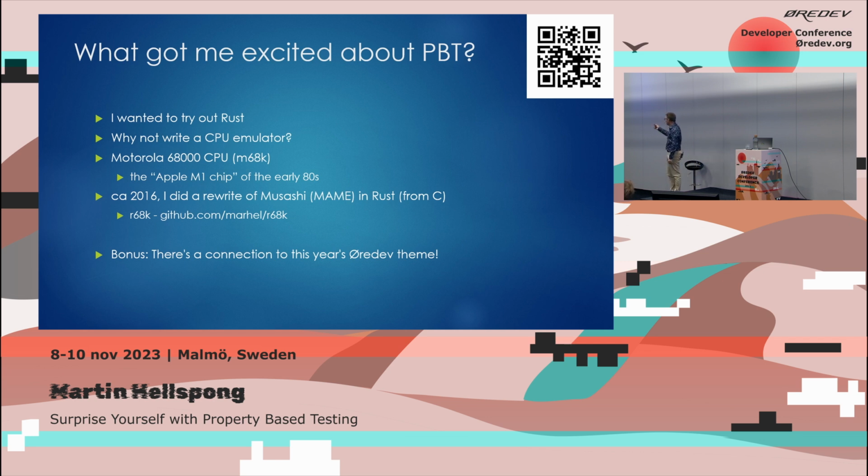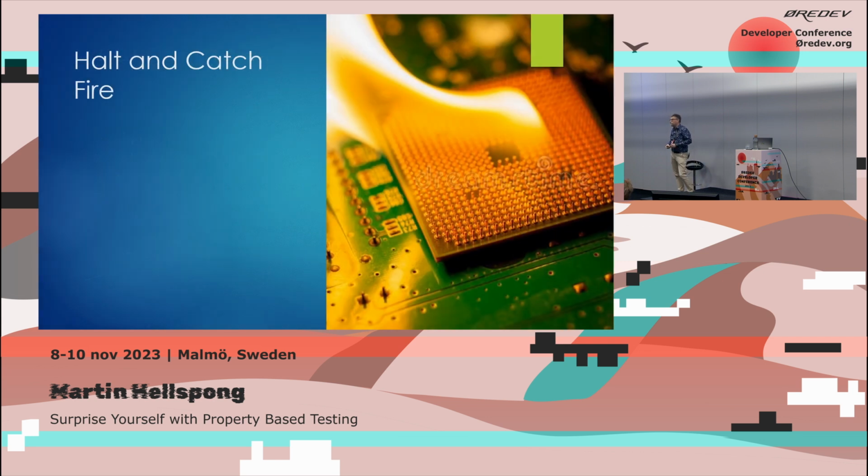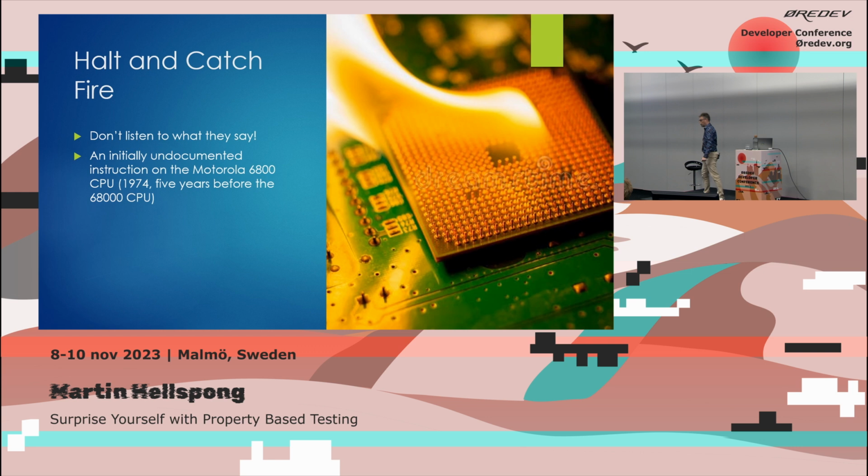Okay, I also noticed this has a connection to the Øredev theme, Halt and Catch Fire. You shouldn't really listen to what the people at Øredev say it's all about, the burning-to-the-ground stuff. That's just history revisionism as far as I'm concerned, because it's actually an undocumented instruction on the precursor CPU to the 68000 that caused the processor to go into an unrecoverable loop.